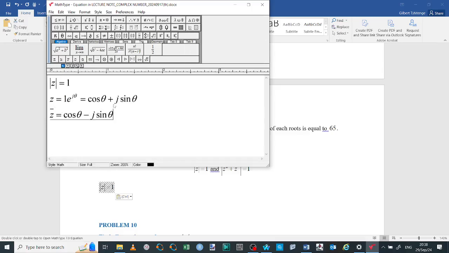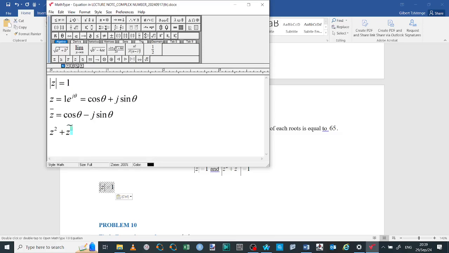And then we just have to find z to the power 2 plus the conjugate of z, all this to the power 2.